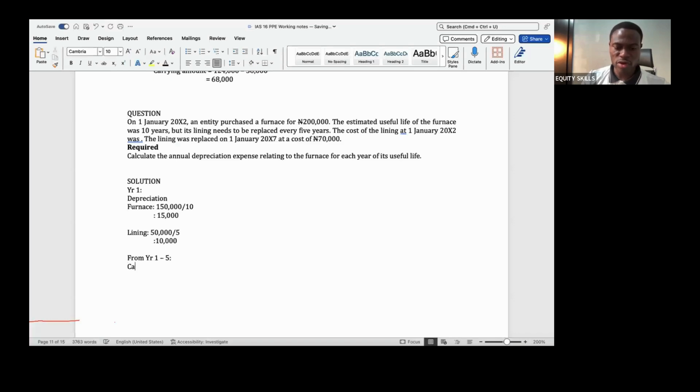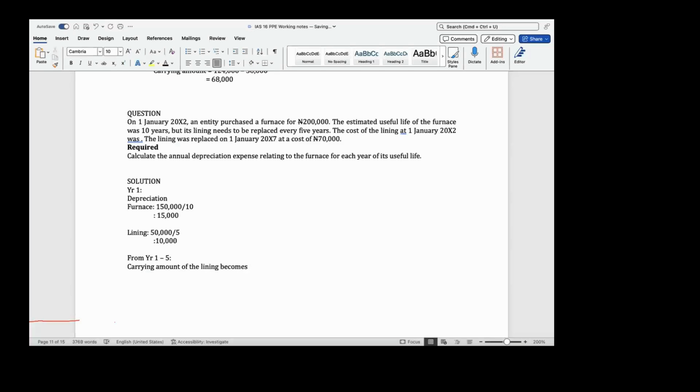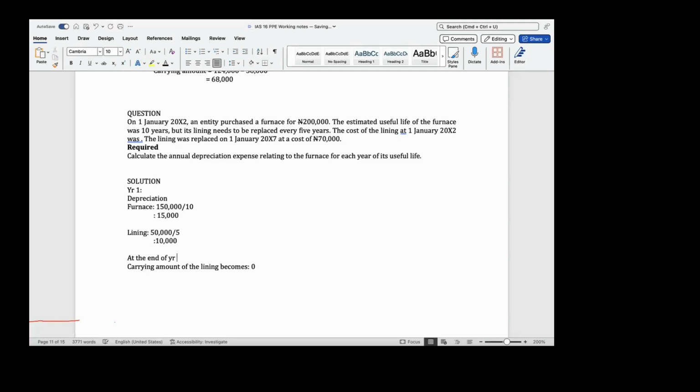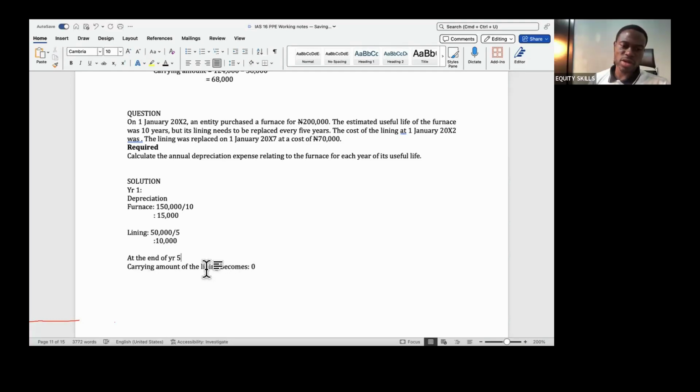So, as far as the lining is concerned, from year 1 to year 5, at the end of year 5, the carrying amount of the lining becomes how much?